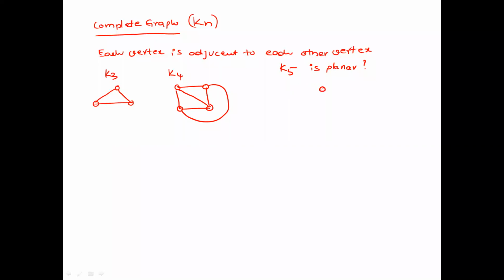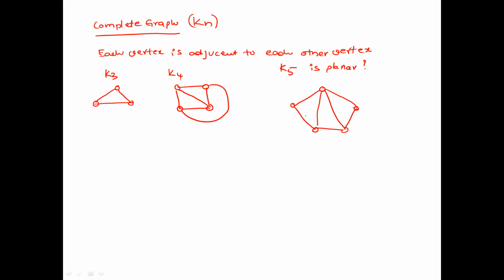So take 5 vertices. Each vertex must be adjacent to each other vertex. Can you draw that graph without crossovering of edges? You know what K5 is? Already we discussed complete graphs when we discussed maximum compatibility blocks.